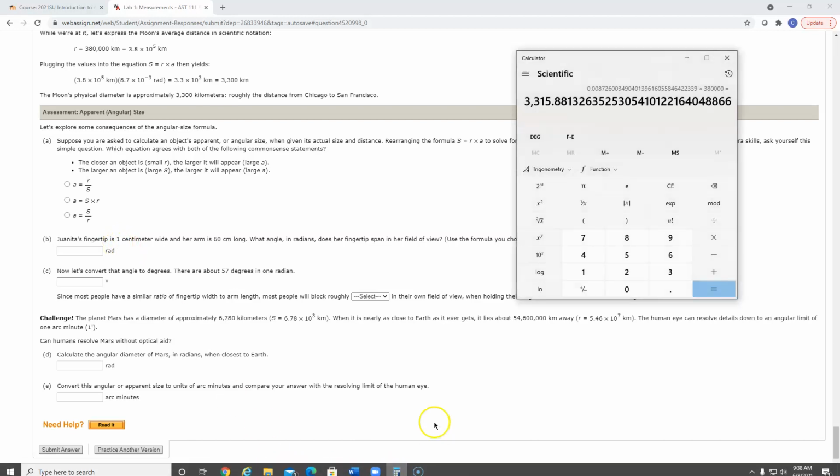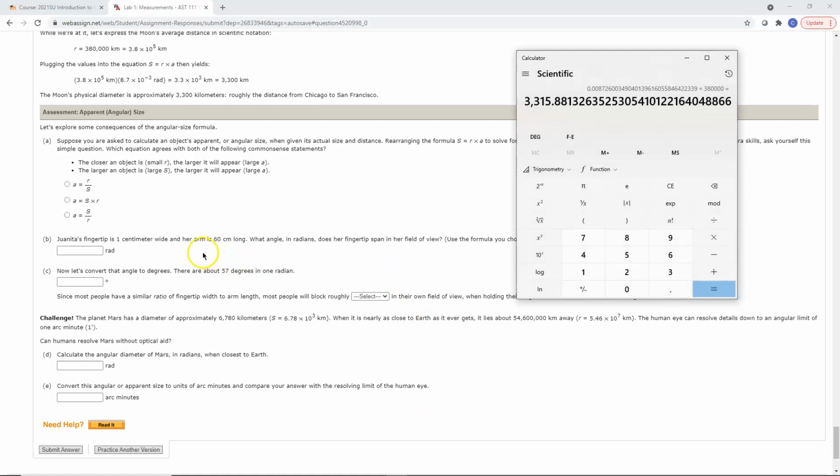So if I take that 1 centimeter, let me clear this, and divide that by how long her arm is, or the length to the end of her arm, by 60, that gives me a number of 0.016. I'm just going to leave it like that, okay?